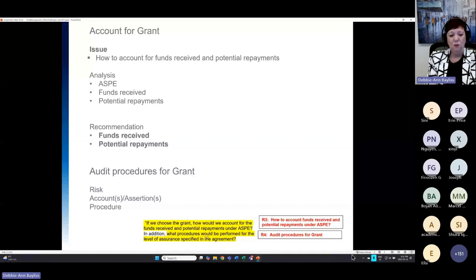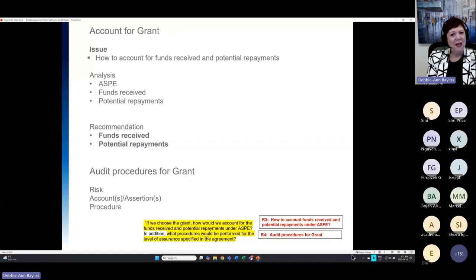completing a competent response. The next sentence is, what procedures would be performed for the level of assurance specified in the agreement? So I know that we need to do procedures for the grant.